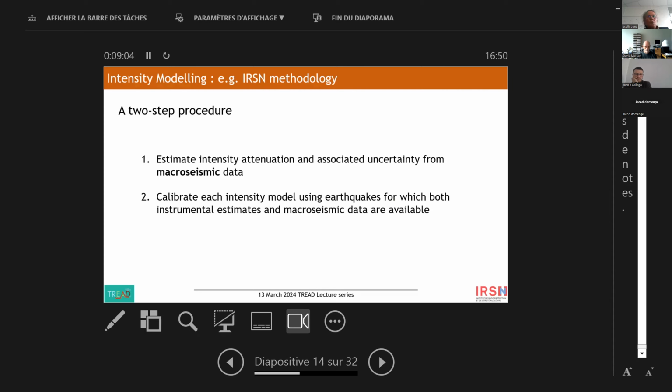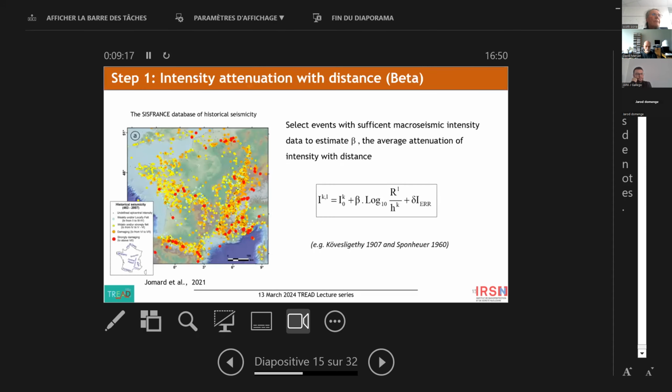Because we continue to feed this database even today with intensity data for this purpose, to be able to calibrate and update our calibrations as new events happen in France. So what you see on the left is the SisFrance database of historical seismicity. And you see we do have earthquakes in France, although we don't have them as often as in Italy. But there are enough earthquakes to worry about.